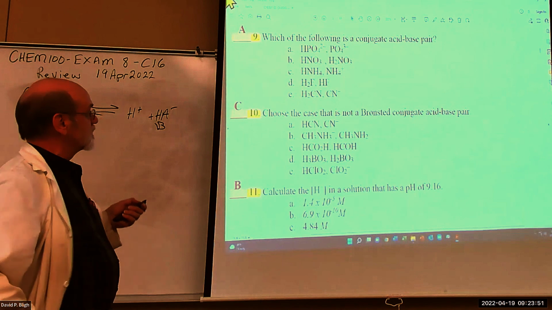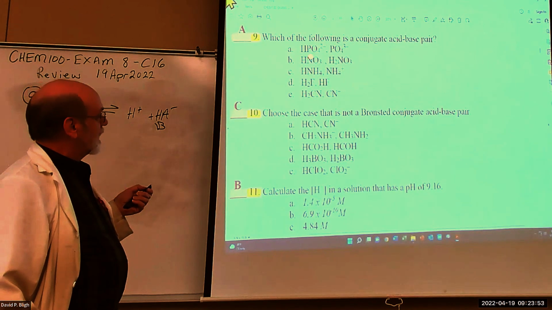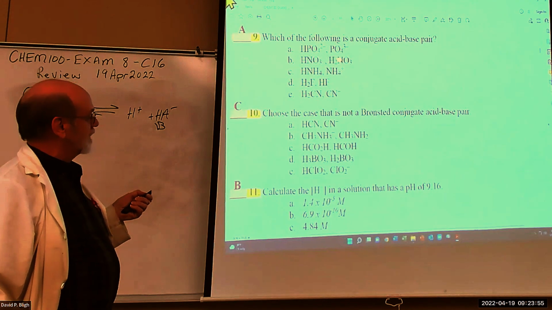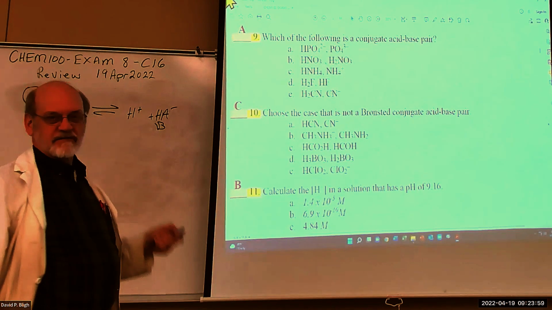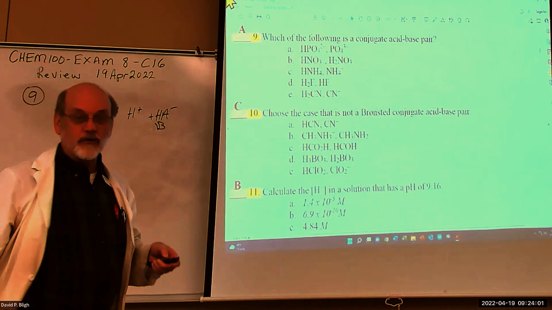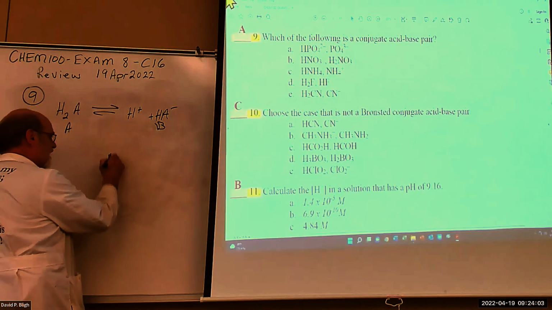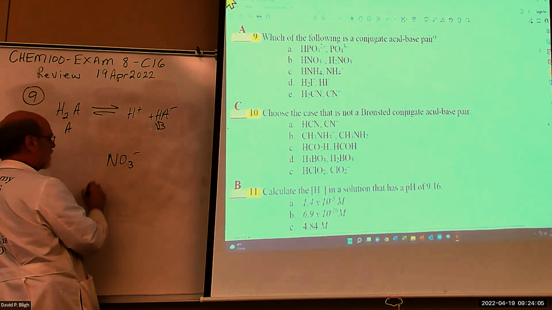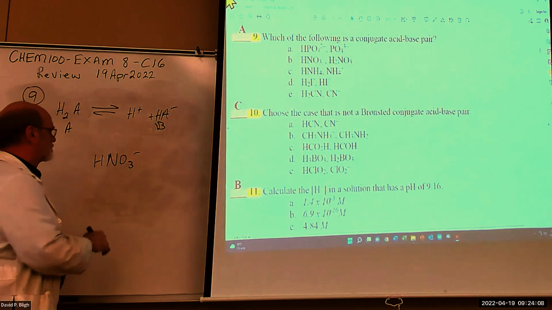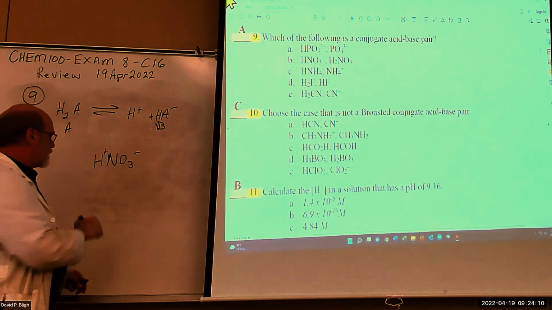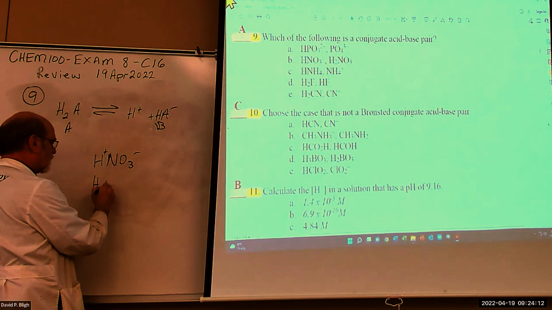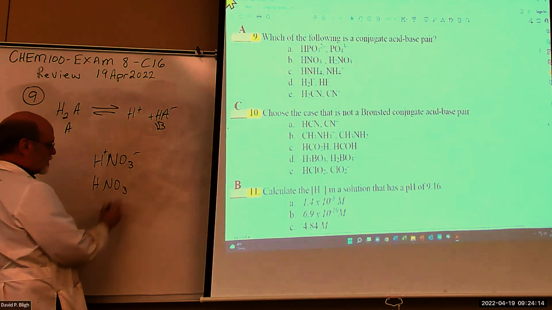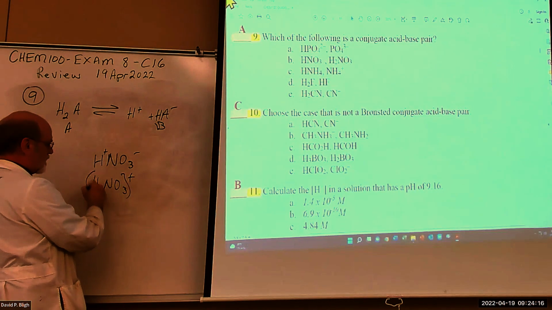If we looked at the others, we'd see this one has gained a proton. Besides, that's not a valid molecule. Right? You know from polyatomic ion here, you can only have 1 proton. If you put 2 protons in there, you'd have to have a positive charge for that group.